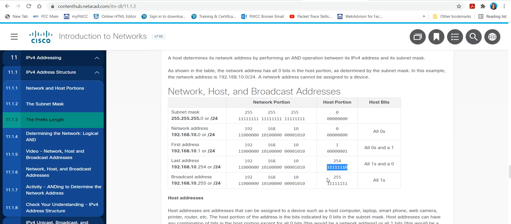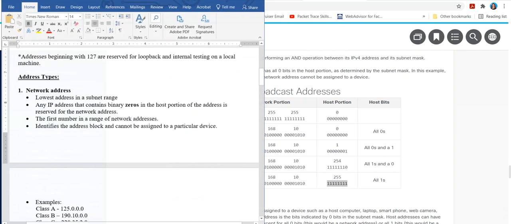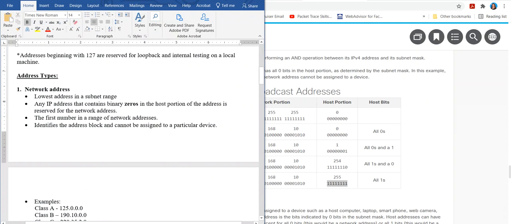The unicast addresses are used for PCs or host addresses. And then you have the broadcast address that ends in all ones. So if you know where the network lines are in a network, that will help you to understand which parts of addresses are network and which are host.